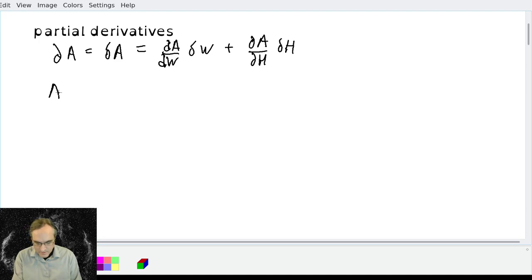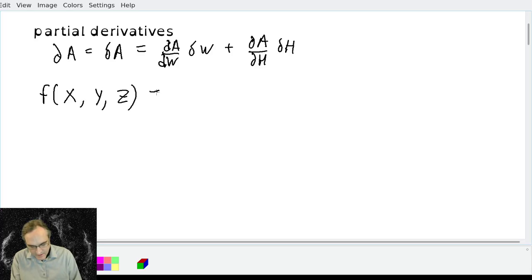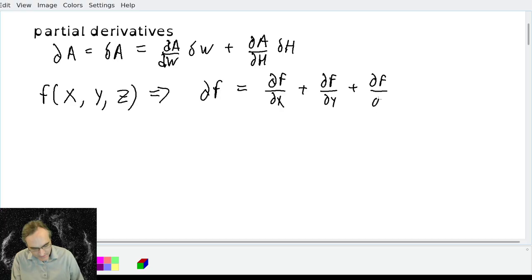So let's talk about this in slightly more familiar terms maybe. If you have a function of several parameters like x, y, and z, then the partial derivative of f would basically be the partial derivative of f with respect to x plus the partial derivative of f with respect to y plus the partial derivative of f with respect to z, each one times dx, dy, and dz.